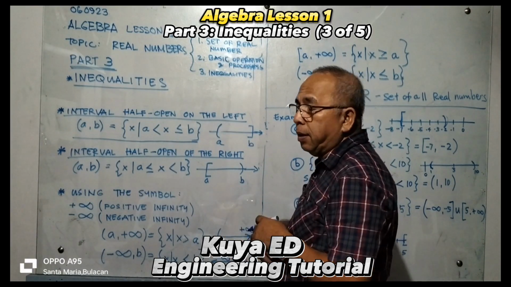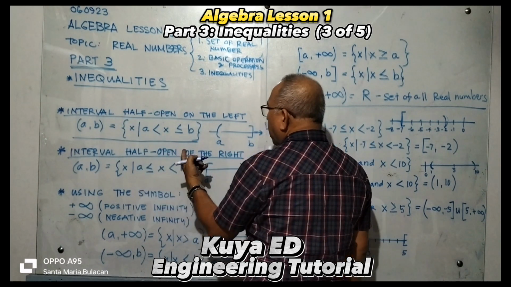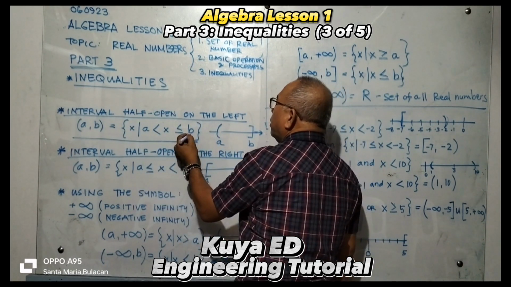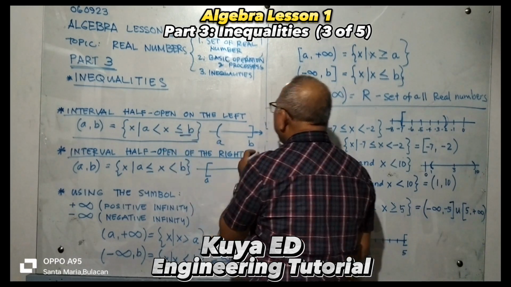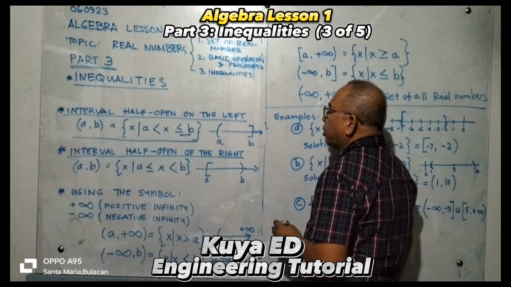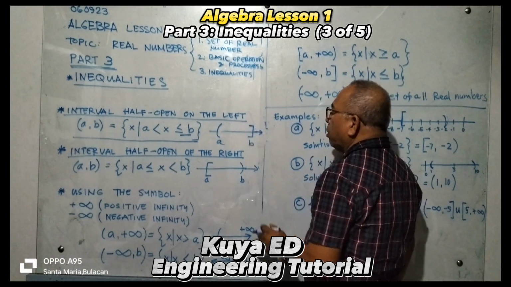Bakit half open? Half open kasi yung ating B ay nakaset na siya. Kaya we put here a bracket. So set na siya. Meron na siyang definite value.